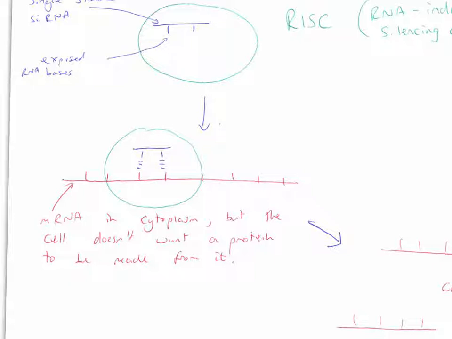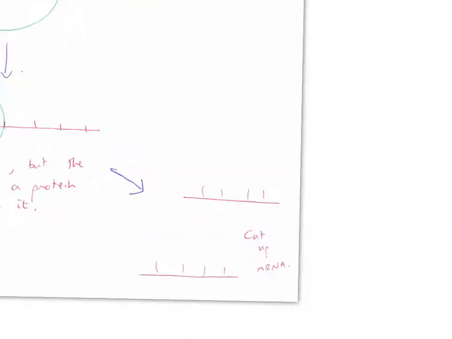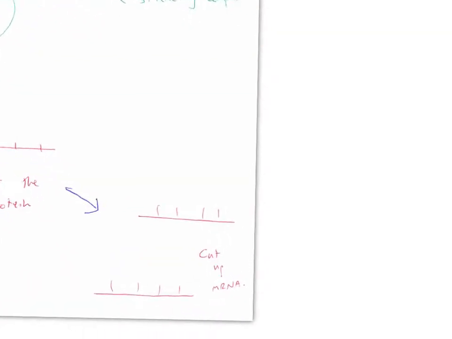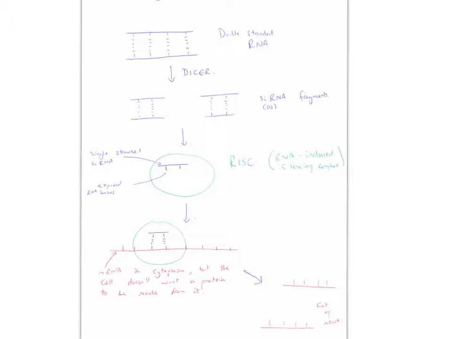So what happens then is the siRNA, the small interfering RNA, inside the RISC complex, complementary base pairs with the piece of mRNA, and then the mRNA is cleaved, it's hydrolyzed, it's broken within the RISC complex. That mRNA is no longer functional, and it cannot be translated into a protein. So this whole process is called RNA interference, or RNAi.